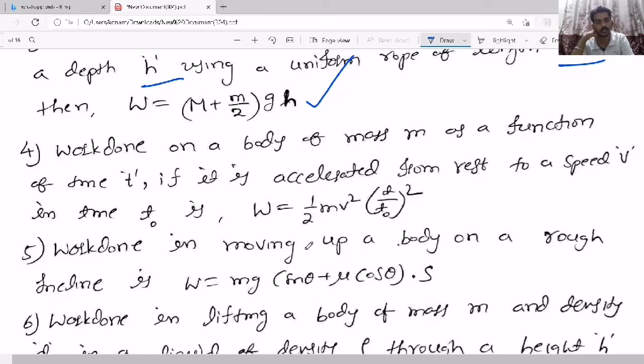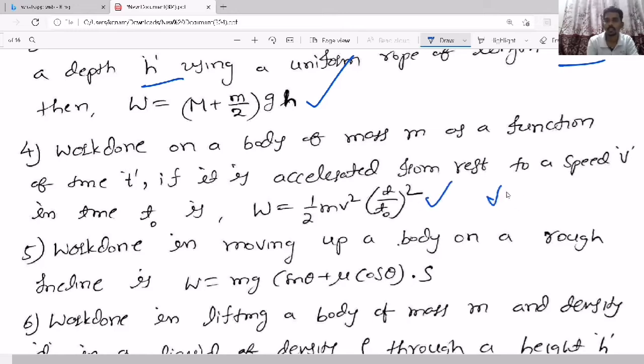So what is the work done you need to calculate? You have to apply conservation of mechanical energy, or you can apply the work energy theorem and solve this, or else you just try to remember the formula.